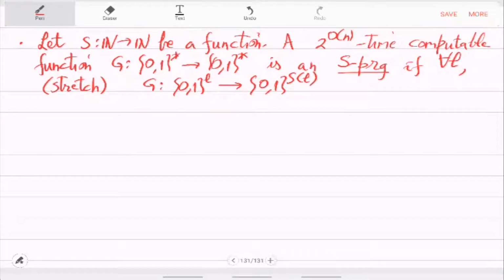Okay, so think of S as the stretch function for this PRG G. So it will stretch L bits to S of L bits, and if you look at G of UL, this is pseudo random.